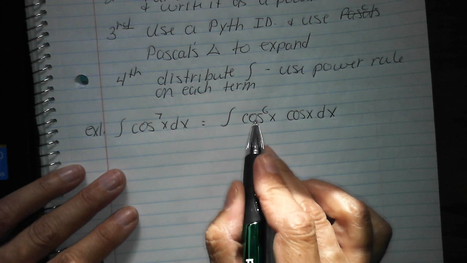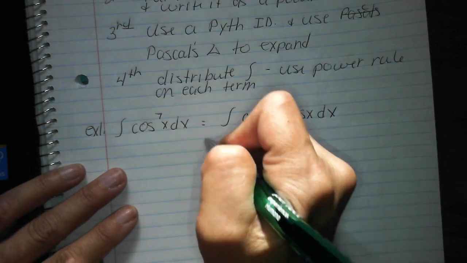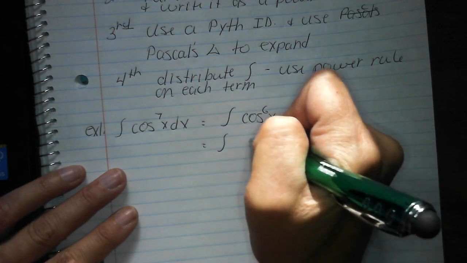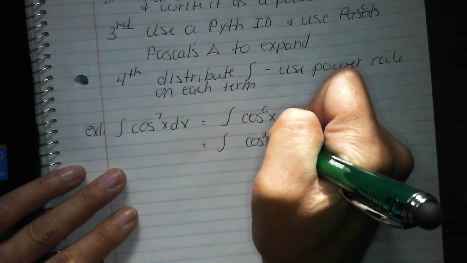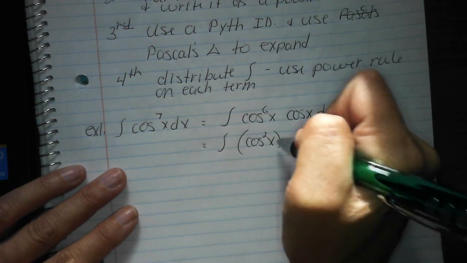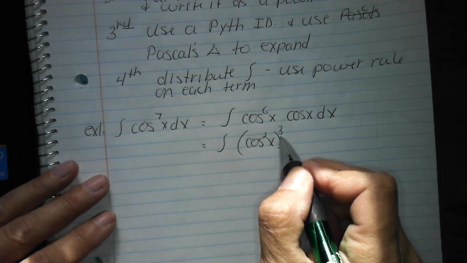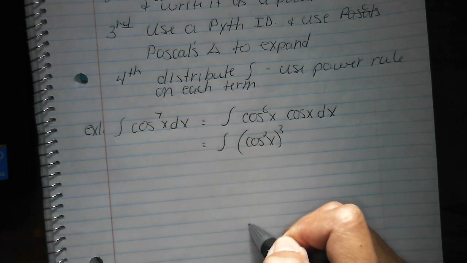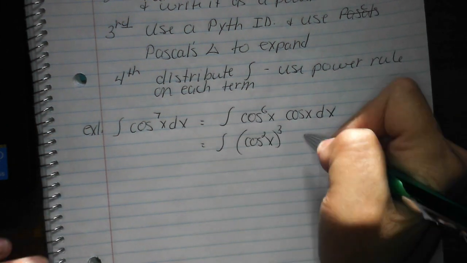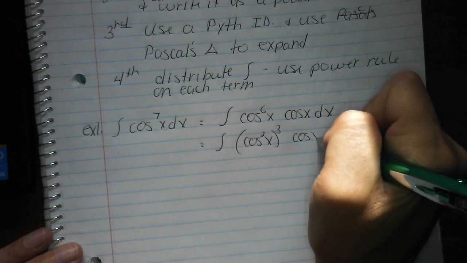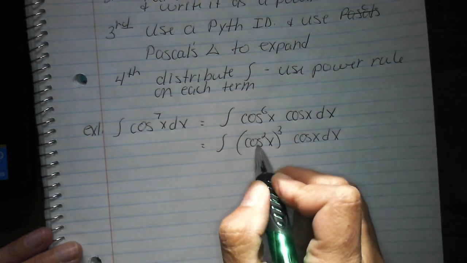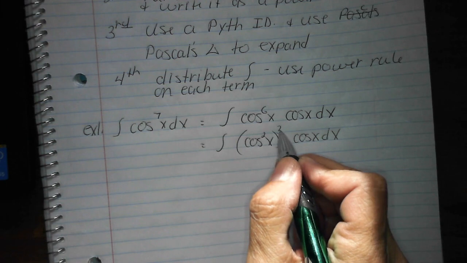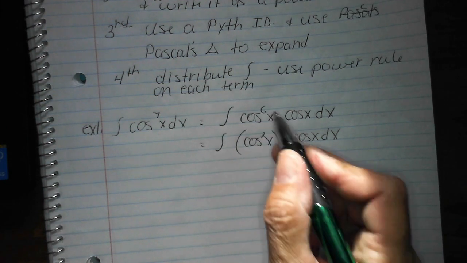Now you want to write this as a power of 2. So I can rewrite this as cosine squared cubed. That's still cosine to the 6th. And then I still have this. So you always want a squared inside and then whatever power it takes to get you back to what you had here.